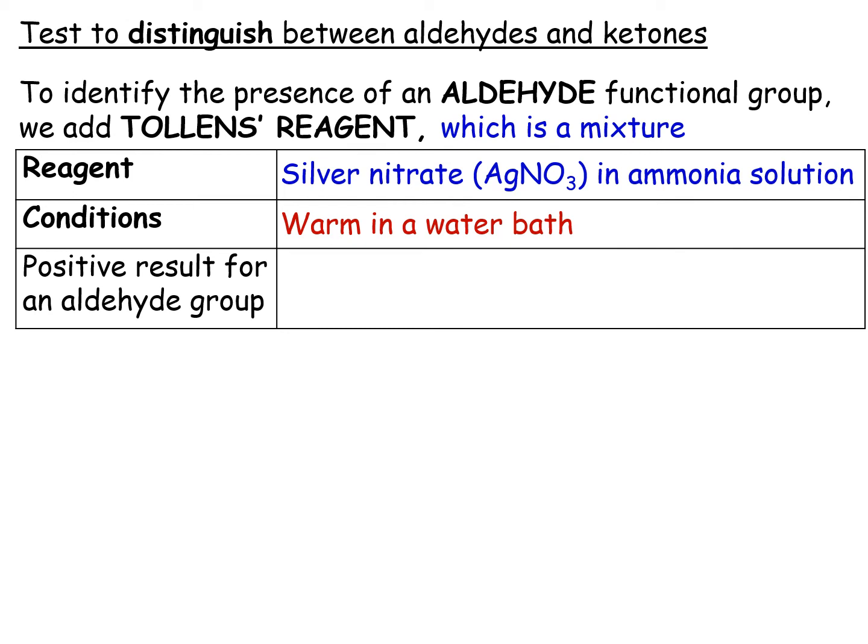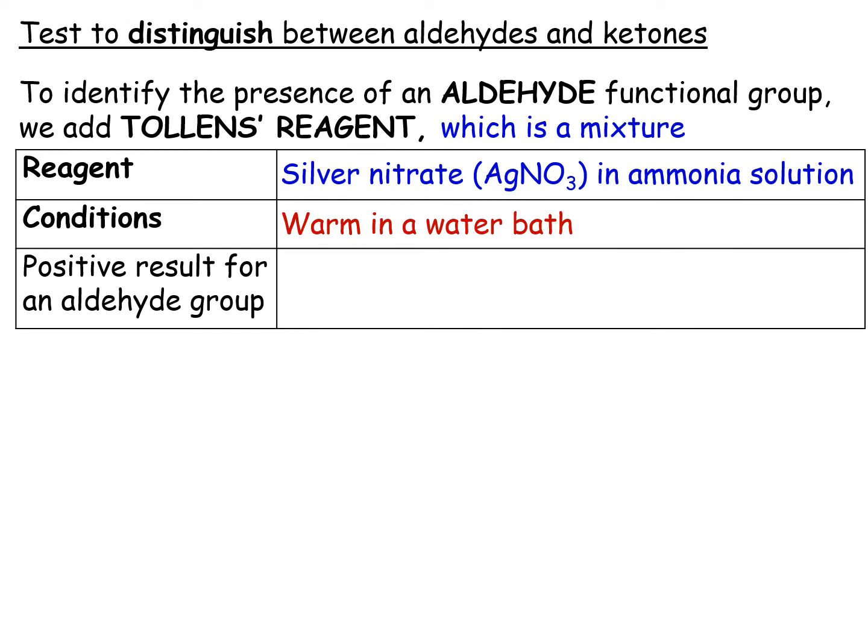So if it's a mild oxidizing agent, something in the solution, the Tollens reagent, needs to be reduced. So having a look at what you've got in the silver nitrate, you've got Ag plus and NO3 minus. Now, which one of those two could gain an electron? Because remember, reduction is gain.